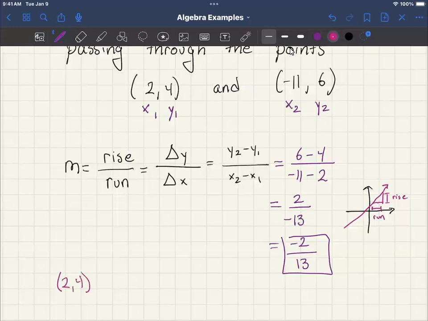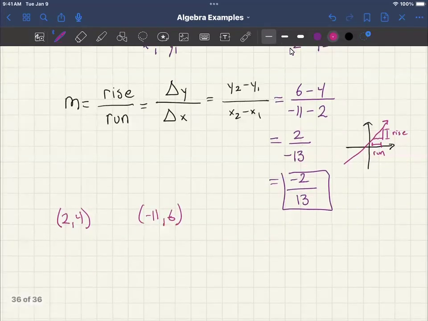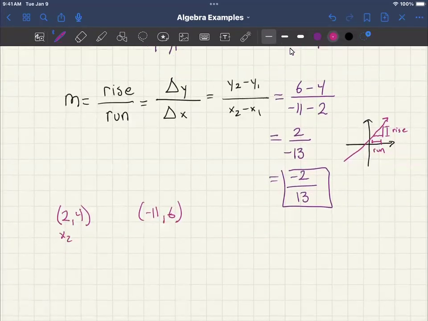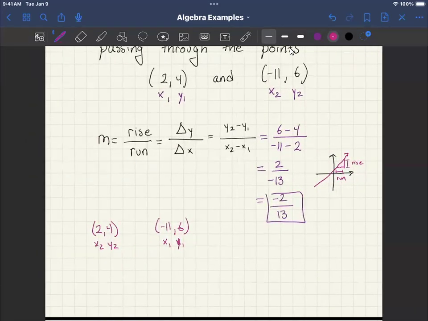I want to show you something slightly different before we call it quits. What happens if we make this our x2, y2, and switch which ones are x1, y1, and which ones are x2, y2?